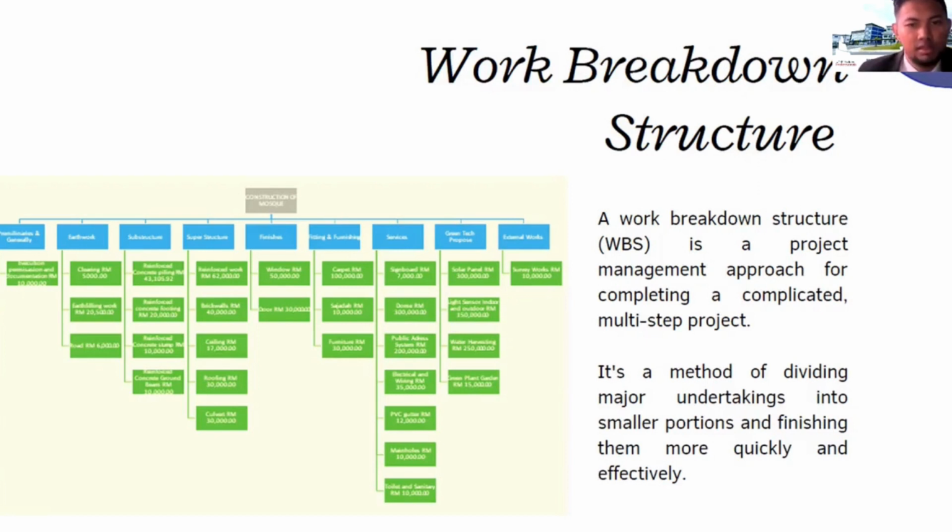Next is green tech purpose, where we put the majority of our budget in this project to improve the building by putting green technology inside the building, which is the most. And then a small budget for external work.